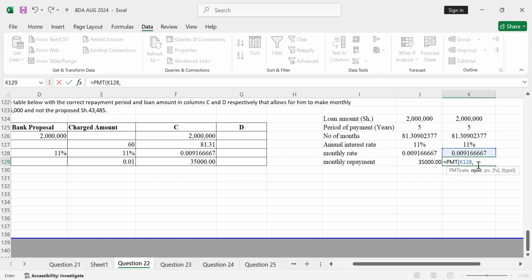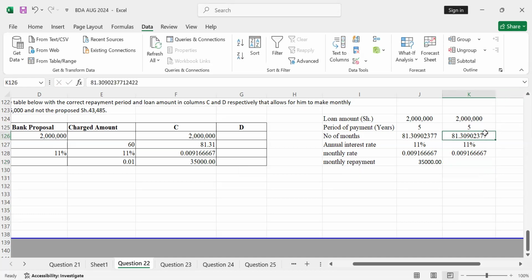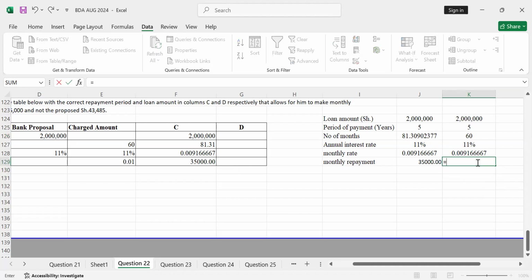The period here should be changed. All right, no problem. The PMT period should be the 60 days. So PMT will be given by rate, comma, period 60, total amount.